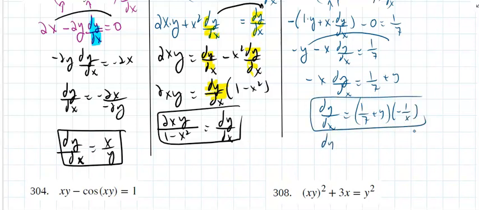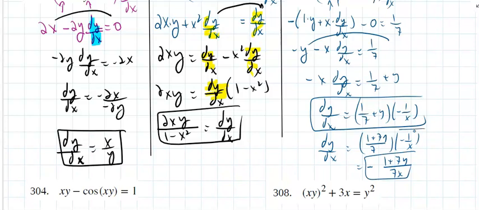You could clean that up and get a common denominator if you wish. You could say that is 7. That's 1 plus 7y times negative 1 over x. Or you could even say that's negative 1 plus 7y divided by 7x. To me, they're all the same. It doesn't matter.